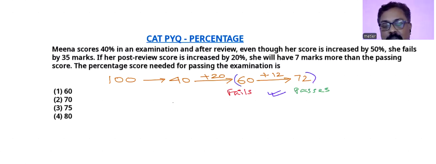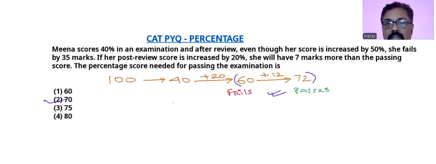Now, in this particular question, the options are given, and we were very lucky that the options are very suitable. So we came to know that the pass mark percentage will be in between 60 and 72. Check, there is only one option. So options help us in this particular question.